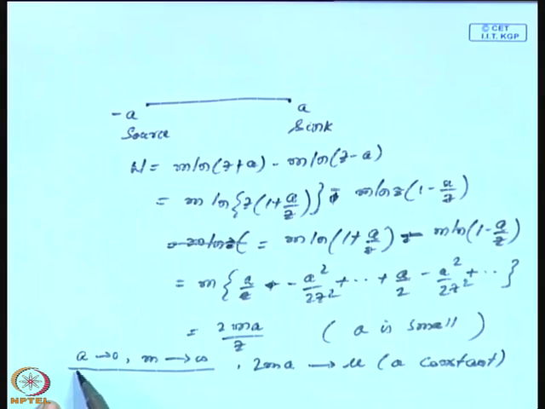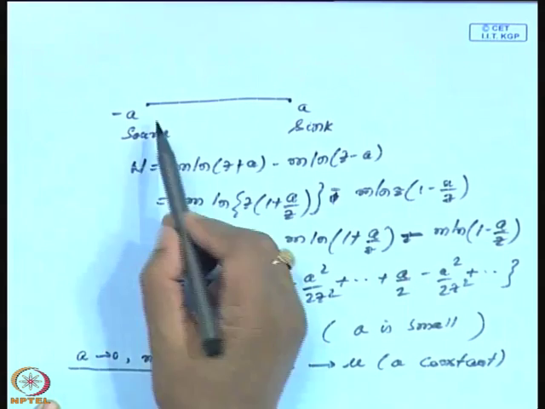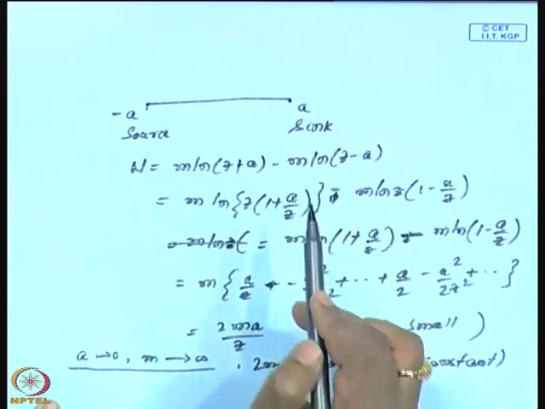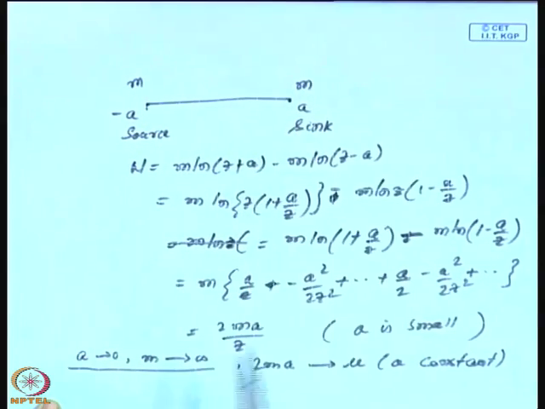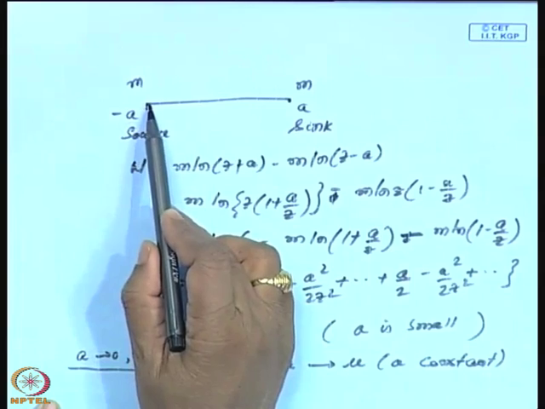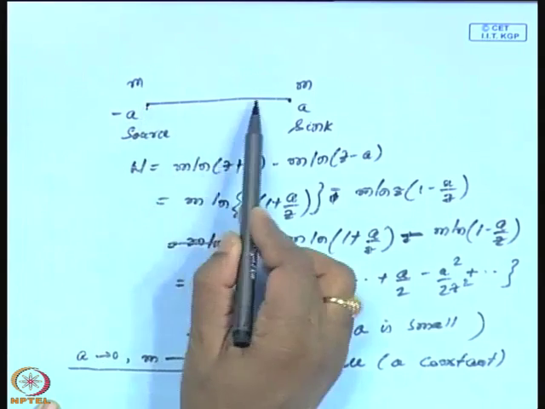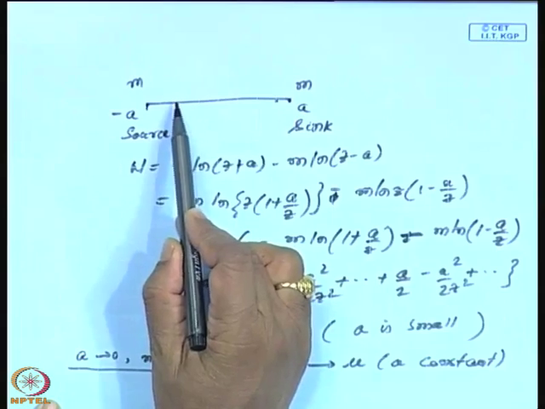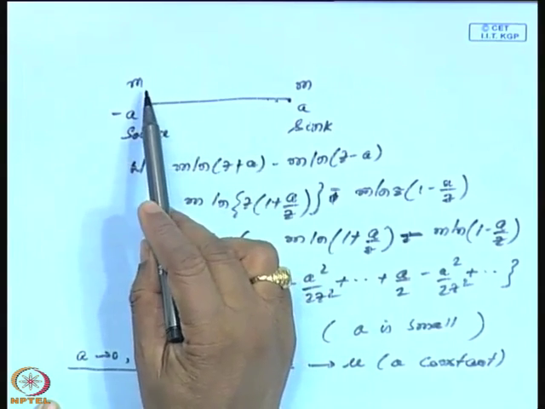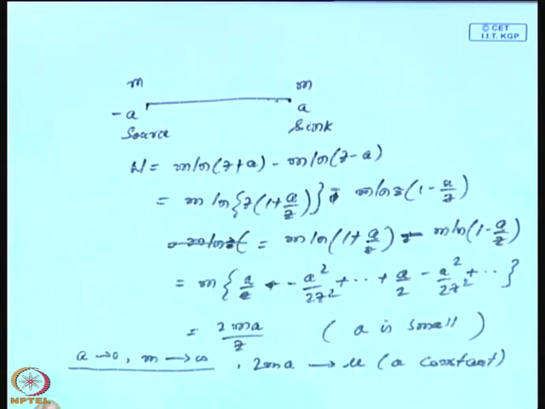So, let me repeat, when there is a source, there is a sink, each is of strength m, and now I will just say that the source and sink become very close to each other, and the strength m will tend to infinity.